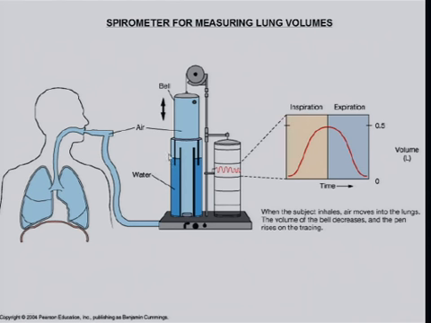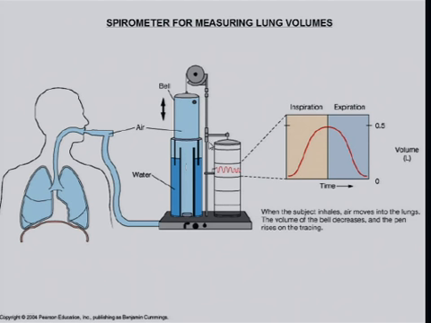If you take a cylinder and fill it with water, and put a cylinder inside that cylinder upside down, you have air trapped in here. Now, as you breathe into and out of this volume, this moves up and down. So it's just a pure volume measurement.